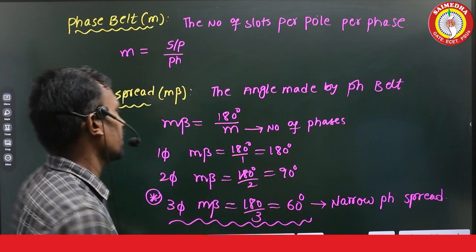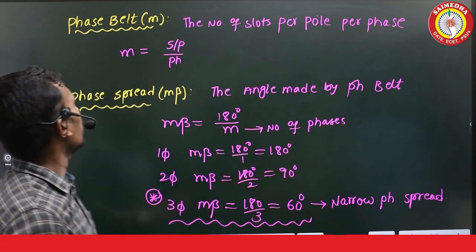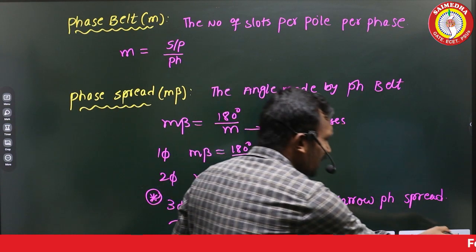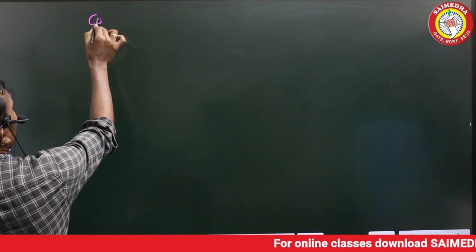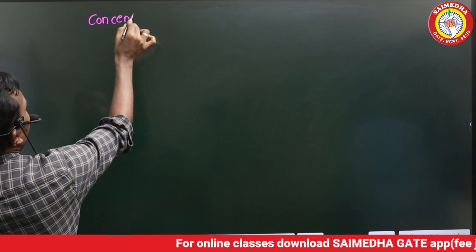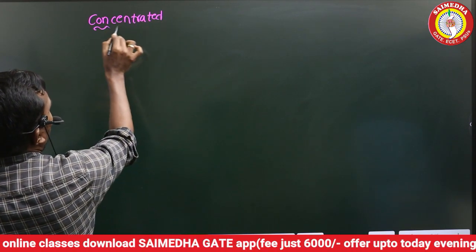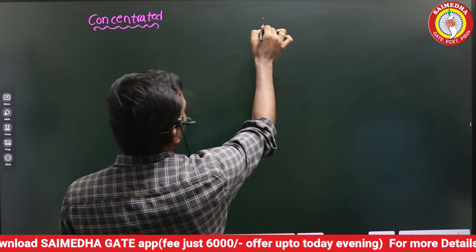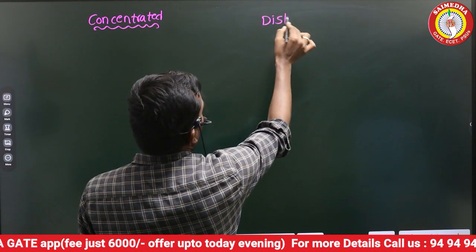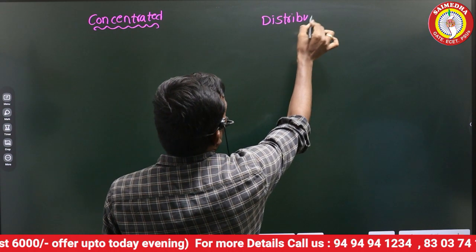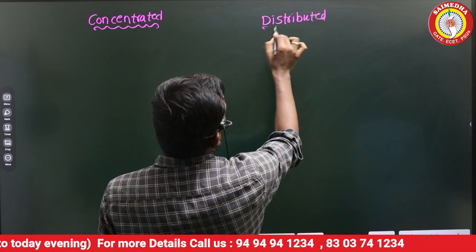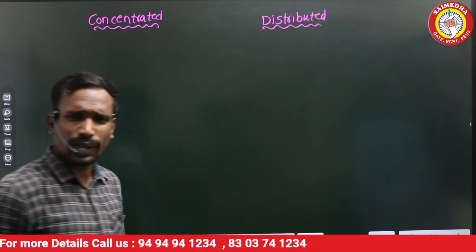Okay, so now we know what is phase belt and what is phase spread. From that we can conclude what is concentrated winding and what is distributed winding. Can you tell me what is concentrated winding?